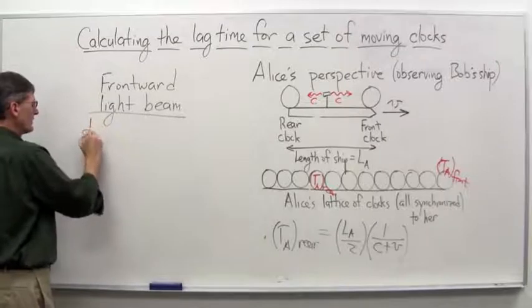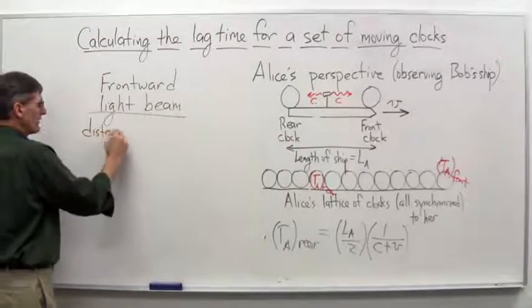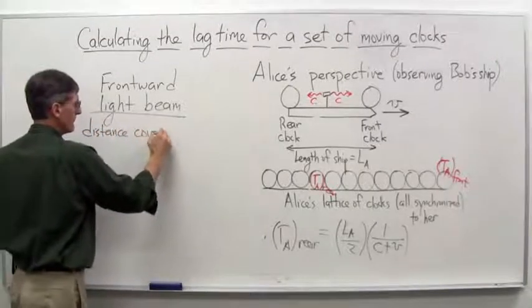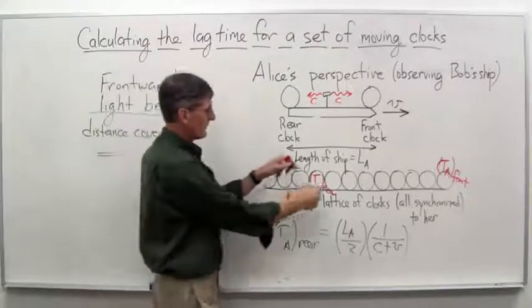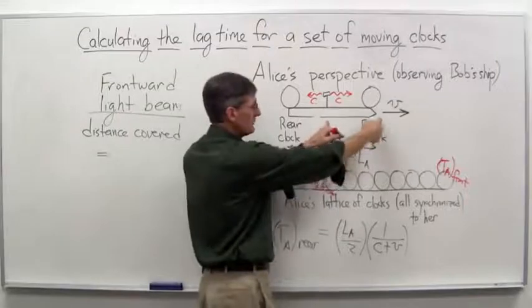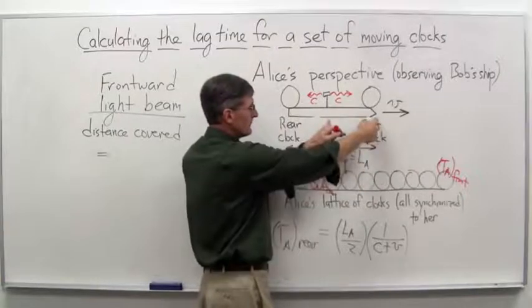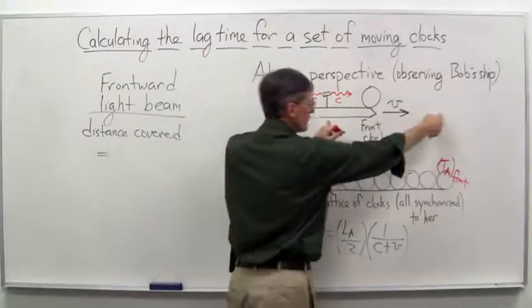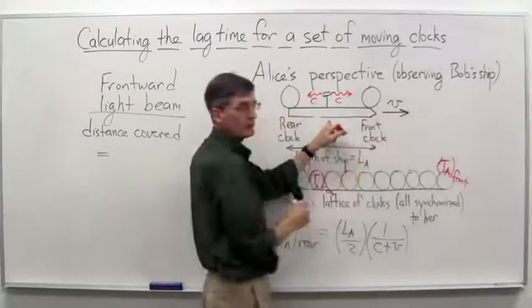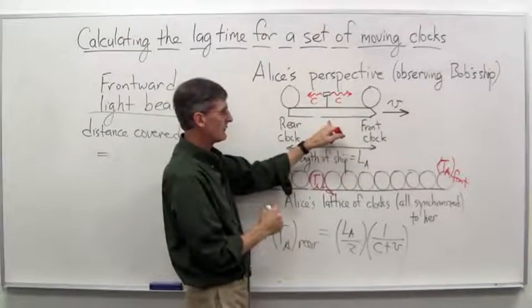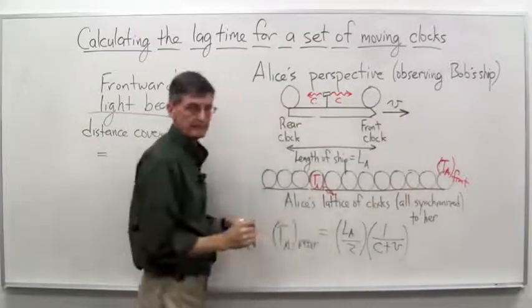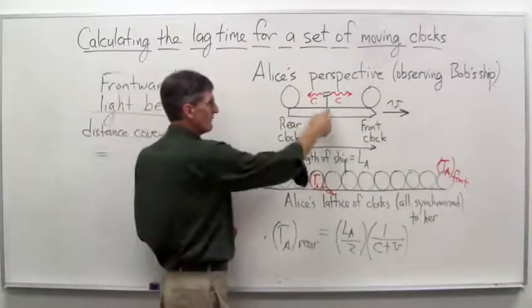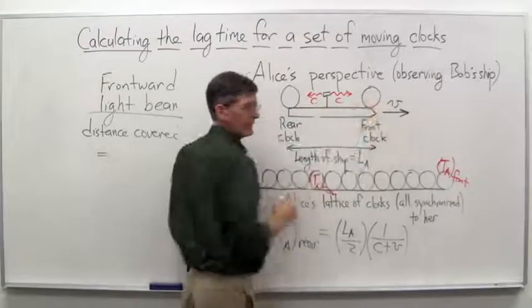The distance covered, distance traveled by it, will be equal to what? Well, again, it has to go half the length of the ship, L sub A over 2, plus a little bit more because the front is traveling away from it. And that little bit more is going to be the velocity times however much time elapses between when the light beam was shot and when it actually gets there.